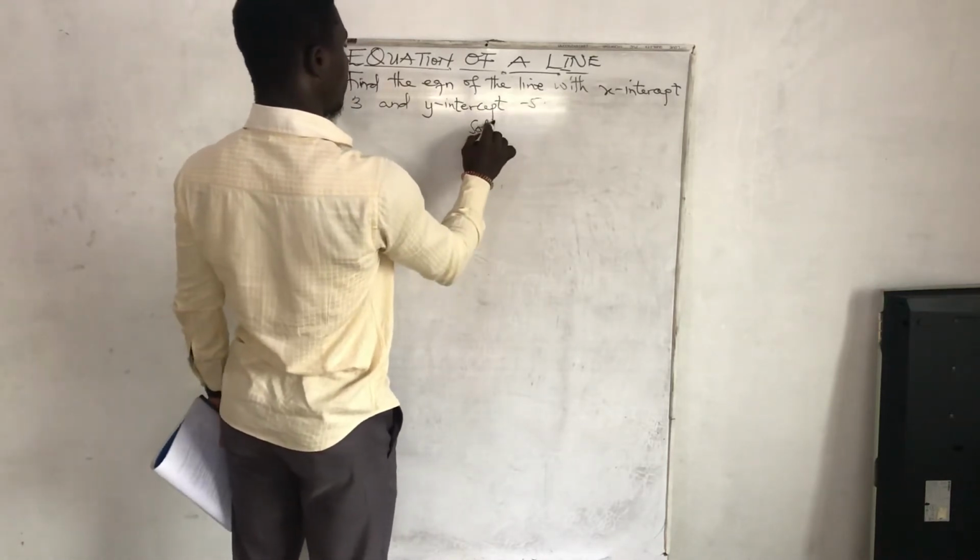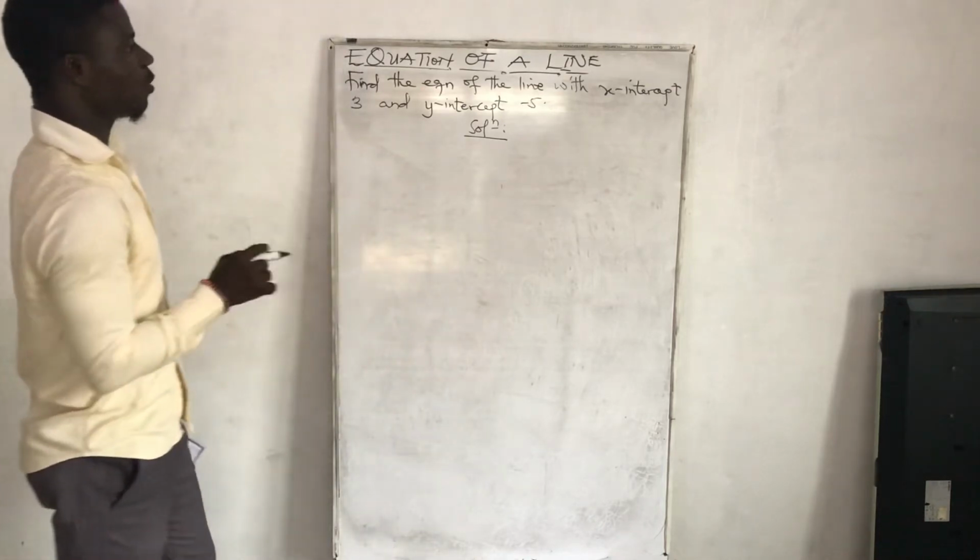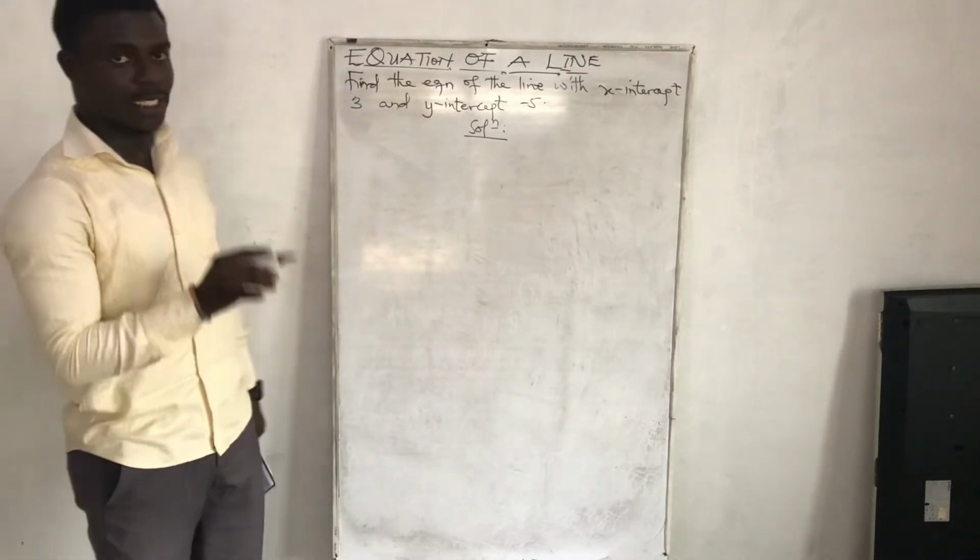So, solution here. Find the equation of the line with x-intercept 3 and y-intercept -5.